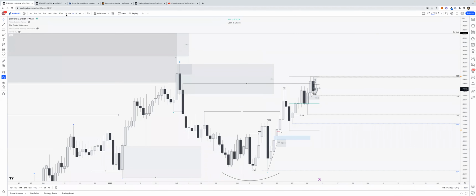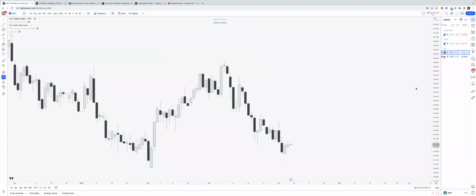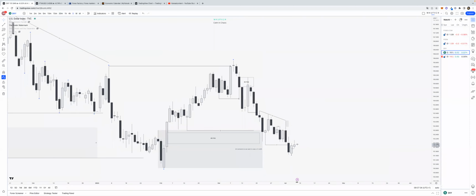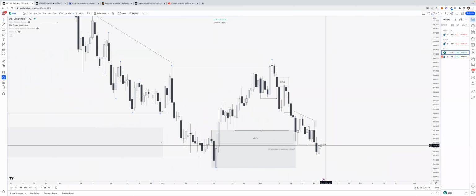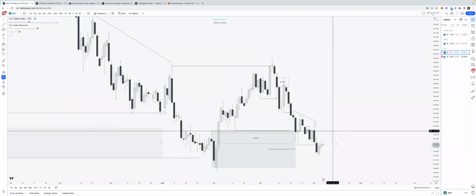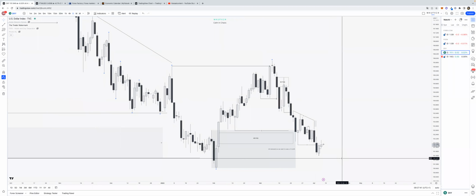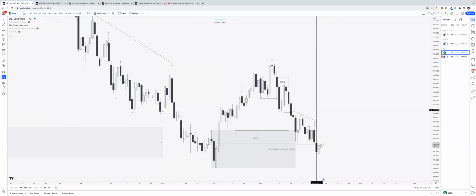And I had the idea, let me see where DXY is. Yeah, so DXY, we wanted to see come higher, and then maybe come lower. This is wrong. Is this right? Yeah.